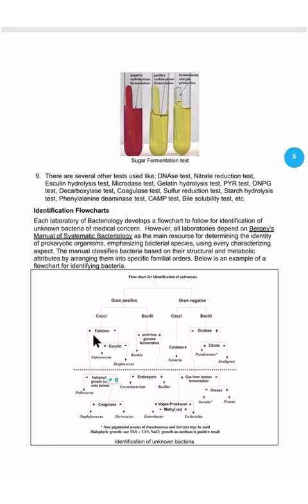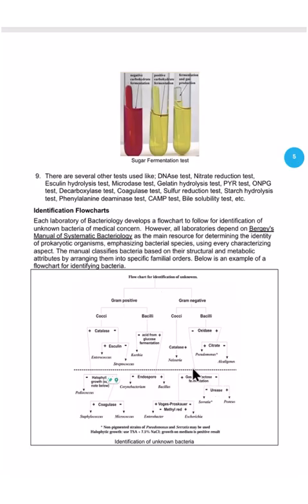If it's catalase negative, they move on to a specific biochemical test to identify if it is positive or negative, and from this they can determine the genera of the bacteria. If it is catalase positive, they move on to define the growth of the bacteria, to further identify the genera. And so this is a type of flow chart.